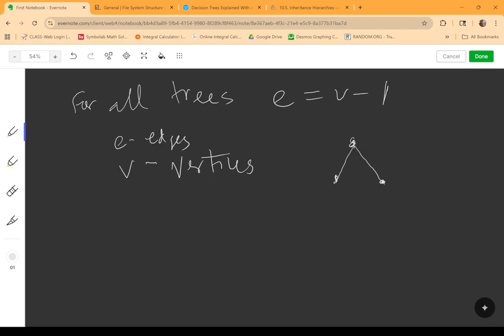So three vertices, two edges, and again, it is connected, but there are no cycles, so this must be the way that we generated it. Let's say I add two more vertices. I'd add two more edges, but it's always one less than the number of vertices.